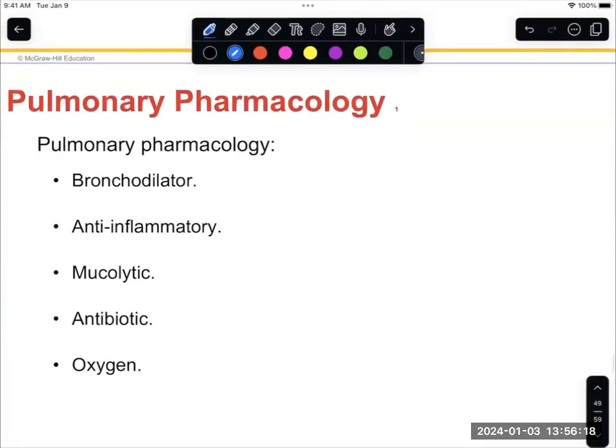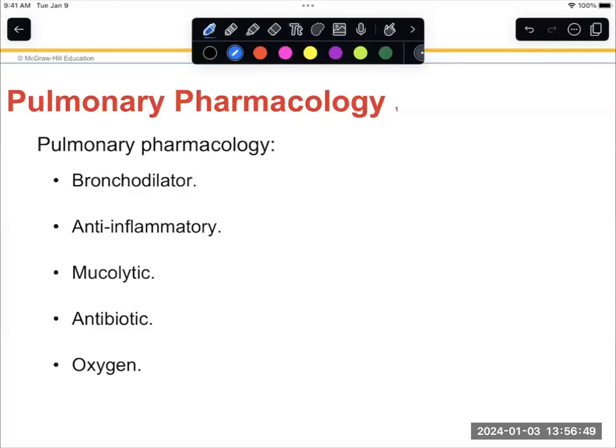So some different medications out there. We have bronchodilators. A bronchodilator will work to relax the smooth muscle in the bronchioles. So those smaller airways, it dilates them, it makes them larger, so it's easier to breathe. Anti-inflammatory drugs can be used in asthma and COPD. Mucolytics can help break up the mucus so it can clear up that airway.